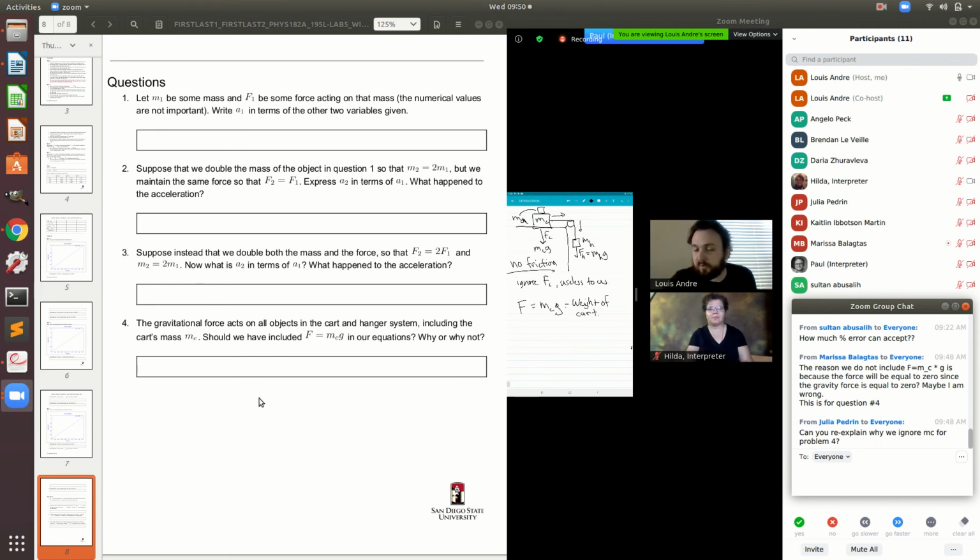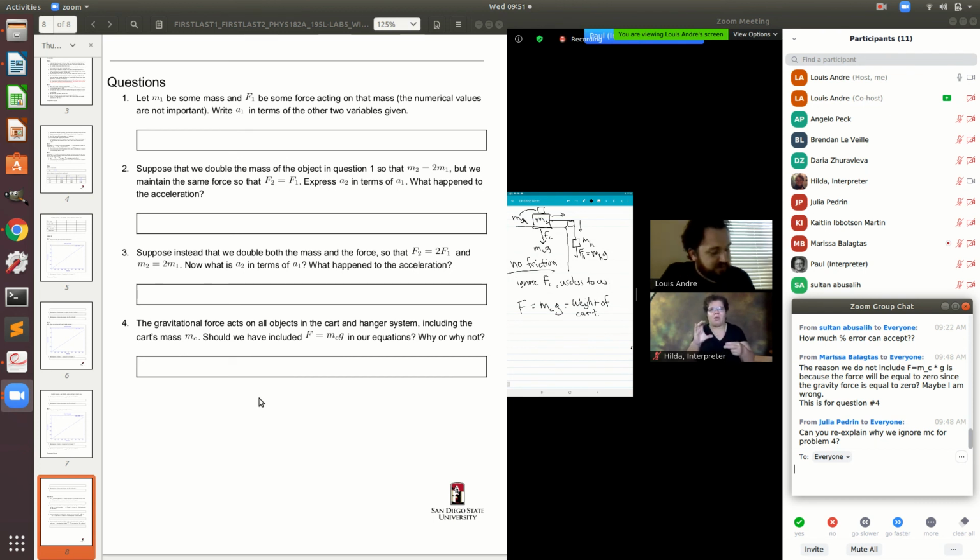Now, the actual force that the cart is applying to the table it's on would be this weight of cart. We do care about the mass of the cart because that affects the acceleration of the system. Okay, we do care about the mass of the cart. We do not care about the weight of the cart.